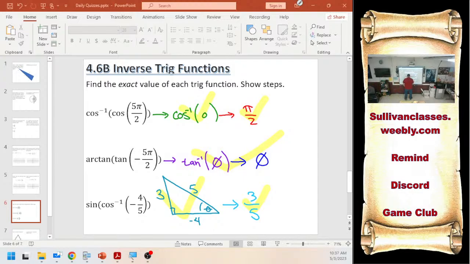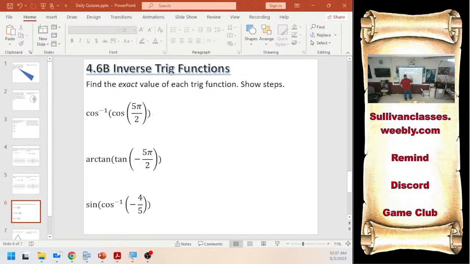The homework, I threw one of the arc reciprocal functions on there. And this is what sleep deprivation does to us. I said part of what you need.